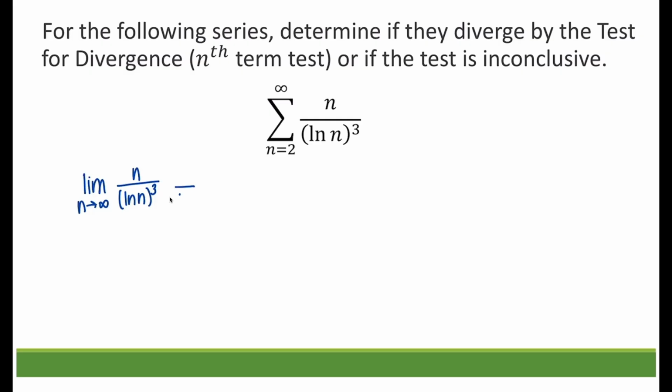If I apply L'Hopital's rule, I tend to write a little LH over the equal sign so I remember what's happening here. I am taking the derivative of the numerator and denominator separately. So the derivative of n is 1. This is going to require the chain rule. So I'll have 3 times natural log n squared times 1 over n times the derivative of the inside.